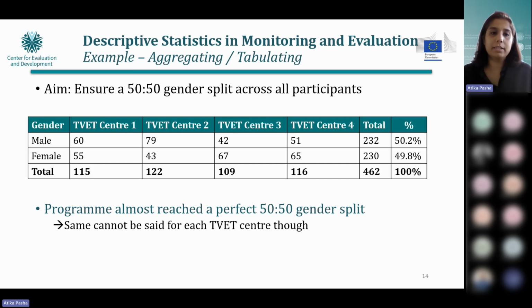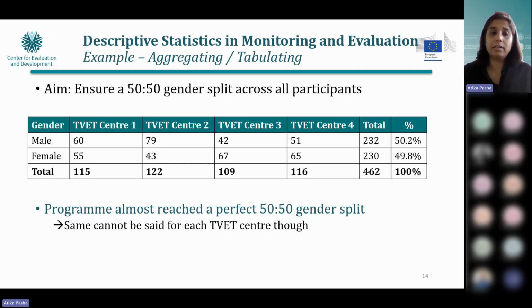So one table will represent, for each TVET center or just in total, the distribution between male and female. And what we find is that, in total, of the 462 participants, 232 are male and 230 are female, implying an almost even split of 50-50 between the two genders.